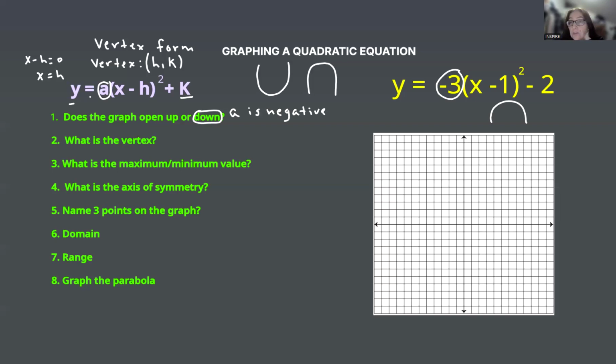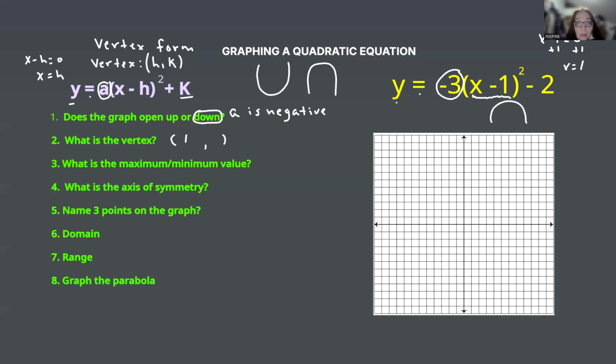Remember, you look inside the parentheses, it's x minus 1. x minus 1 equals 0. So if I want to solve that for x, x would be positive 1. So it's going to be 1. And then y equals -2. So that's my vertex.